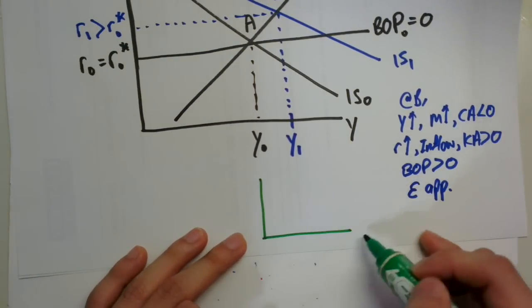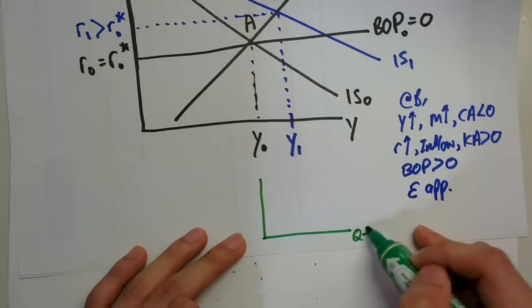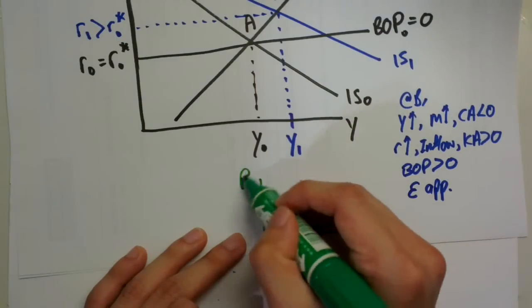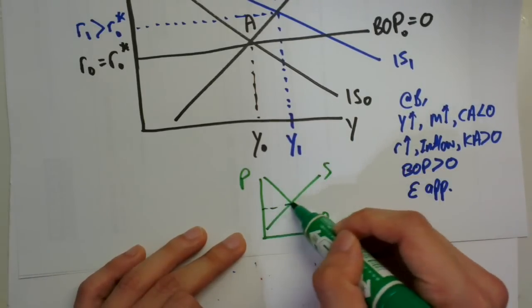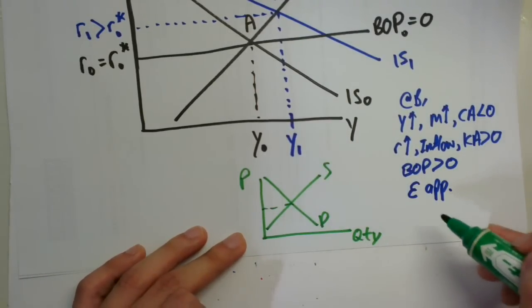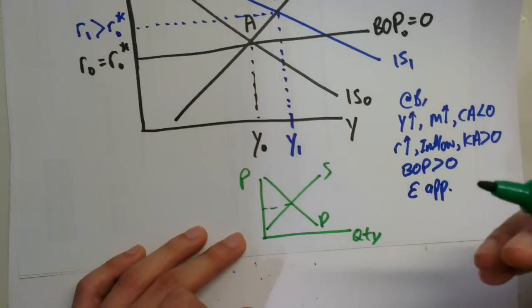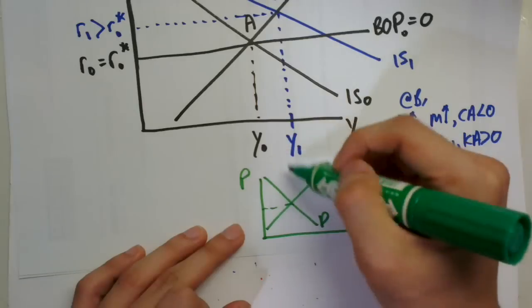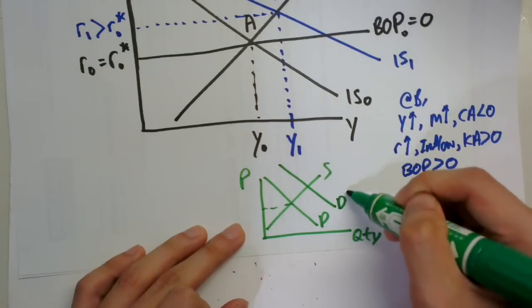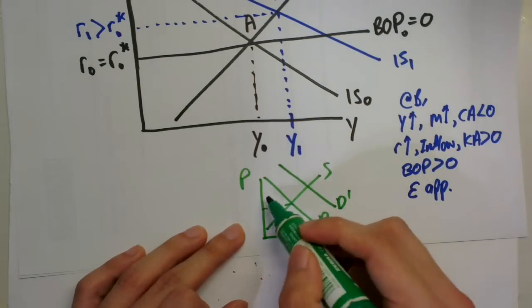So we've got quantity of money here, domestic money, and price of domestic currency over here, demand and supply. When there's a lot of assets coming in, people have to buy our local currency, convert their currency into local currency before they can put that money into our assets. So therefore, the demand for domestic currency increases.